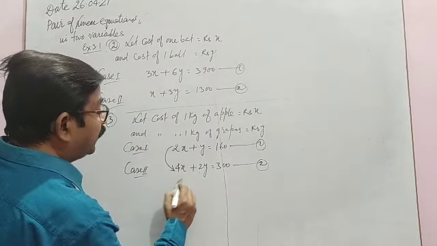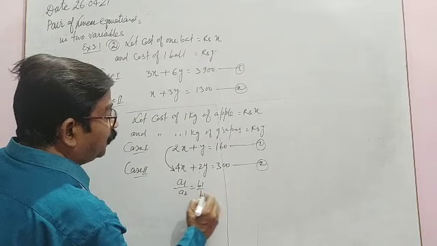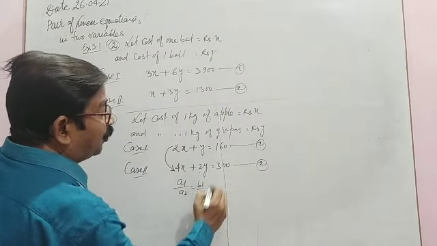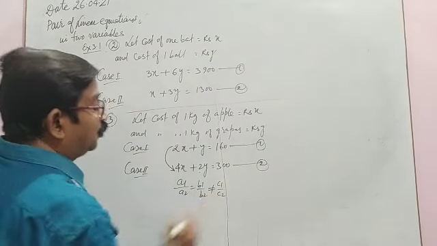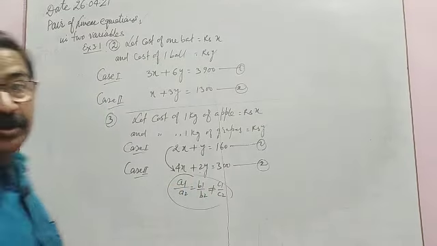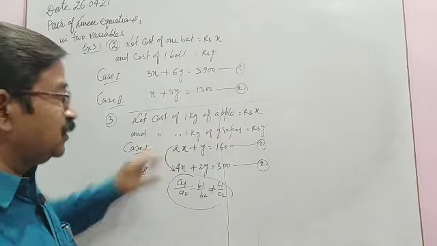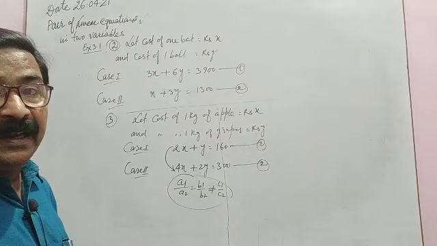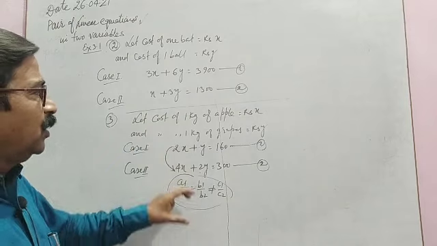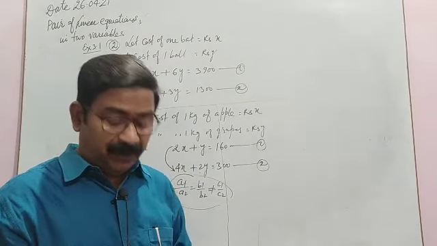So what we get is a1 upon a2 is equal to b1 upon b2, but not equal to c1 upon c2. So this situation has no solution, meaning when you plot the graph of these two equations, you will have parallel lines. So you can note down the equations and find three solutions of each equation.